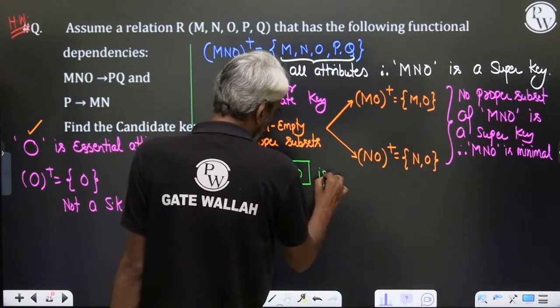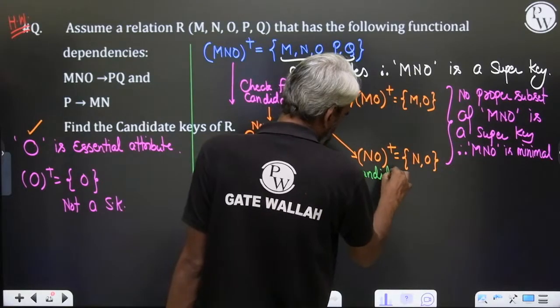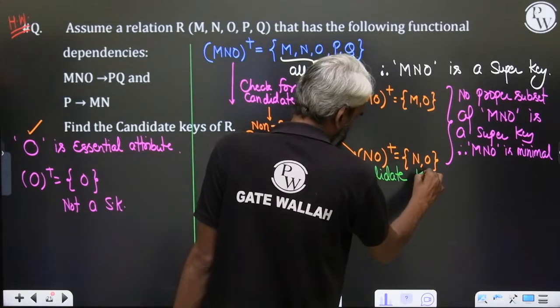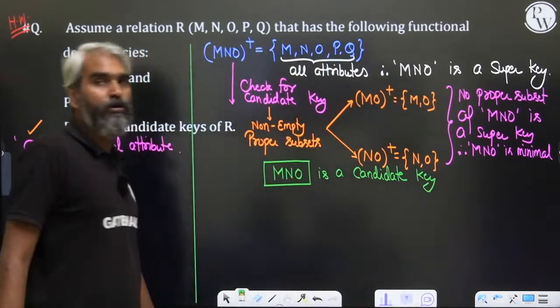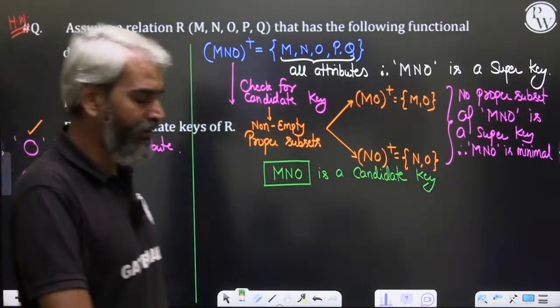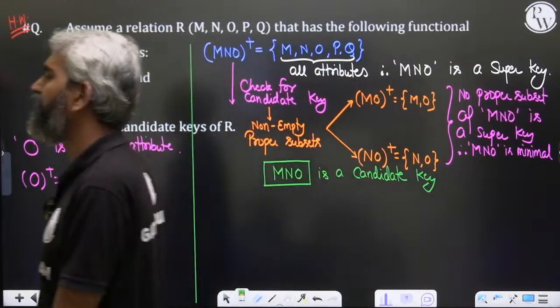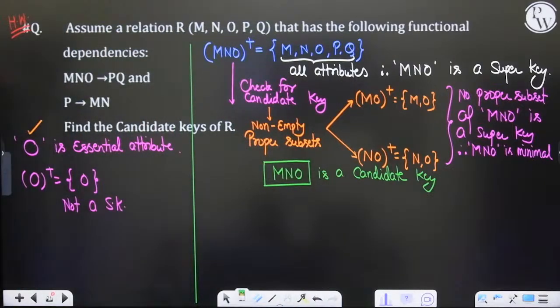We have found our first candidate key. Who said that PO is the only candidate key? Now, do they understand that MNO closure also contains all the attributes, and none of the attributes can be removed from the set MNO without destroying its property of being a key. Therefore, the set MNO is also a minimal superkey. Therefore, the set MNO is a candidate key for this relation.